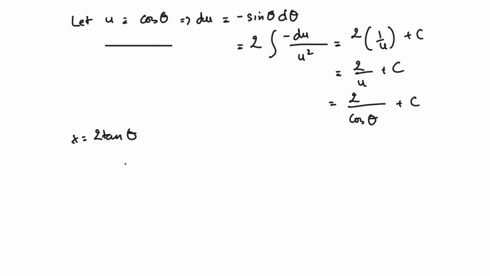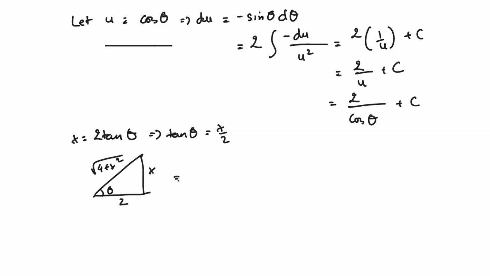If I draw the triangle, tangent of theta equals x over 2. Tangent is opposite over adjacent, so this is x, this is 2, and the hypotenuse is the square root of 4 plus x squared.